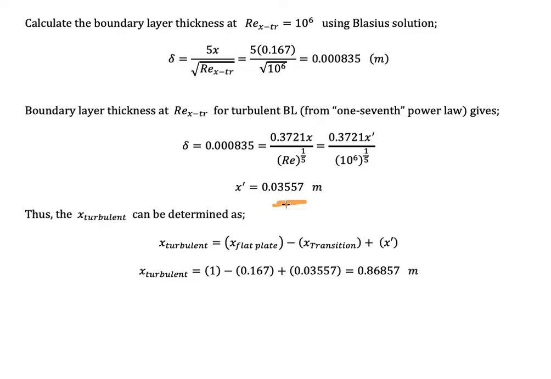And then we could determine the total length of the turbulent boundary layer only by using this equation. We get that x for turbulent is equal to 0.86857 meters.